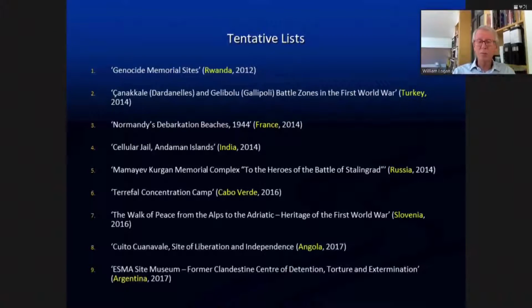So clearly this is going to be an important moment that will give us some clues as to how we might go forward in relation to conflict-related sites. We'll see what transpires when the 44th session eventually takes place. The meeting, as you no doubt know, was scheduled for mid-2020 in Fuzhou, China, but has been postponed due to the pandemic.